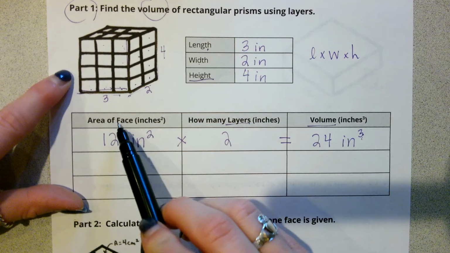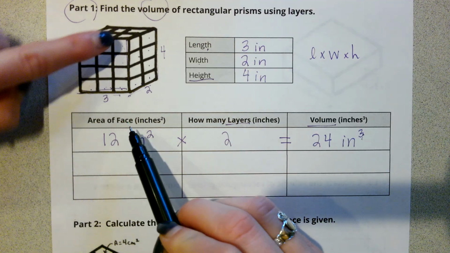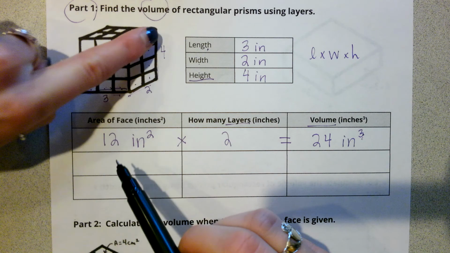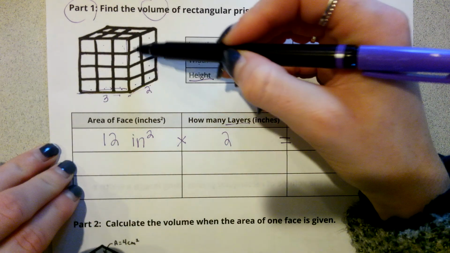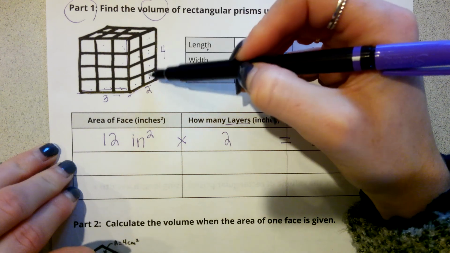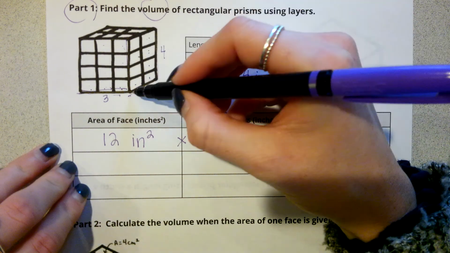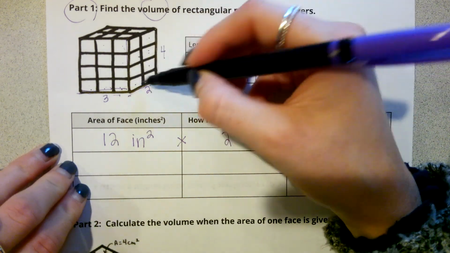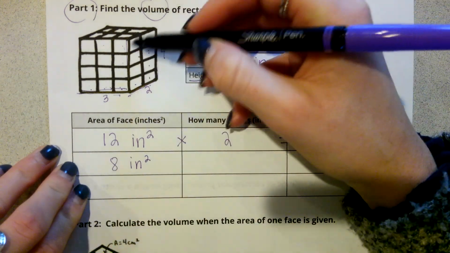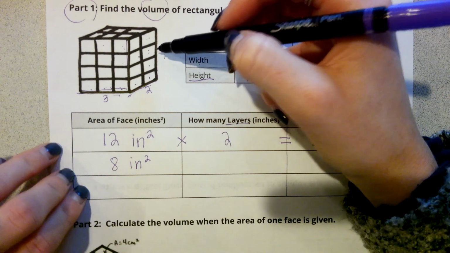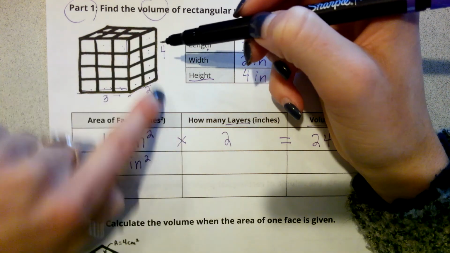If I took another area of a different side of a face, I took the area of this face. Now let's take the area of this side. Okay, so if I took the area of this side, I could count 1, 2, 3, 4, 5, 6, 7, 8 cubes, or I could multiply 2 times 4, which would give me 8 inches squared for the area of this face. Now I'm saying, okay, how many layers do I have of this face?